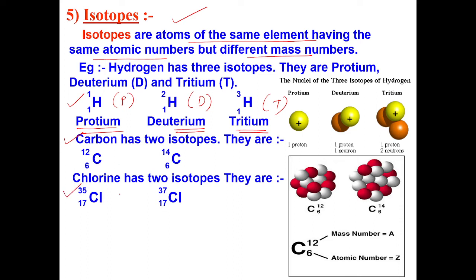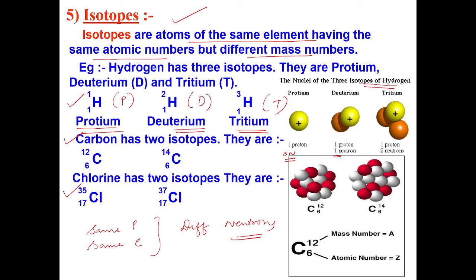Now what is the specialty of them? If you look at their atomic number and mass number, they have the same protons and the same electrons, but different neutrons. You can see the example of hydrogen here. In the nucleus of hydrogen there is only one proton, and 1 minus 1, that is 0 neutrons. In deuterium, there is 1 proton, shown in yellow color, and 2 minus 1, that is 1 neutron.